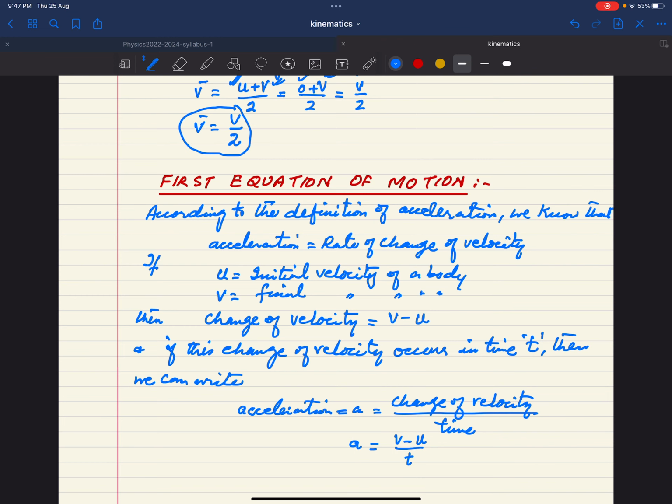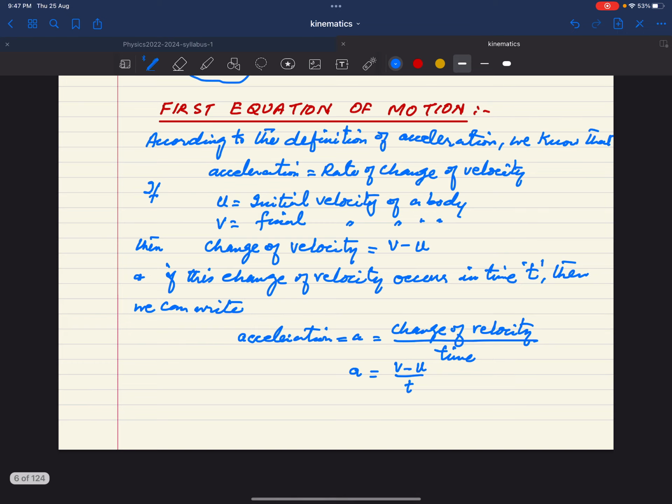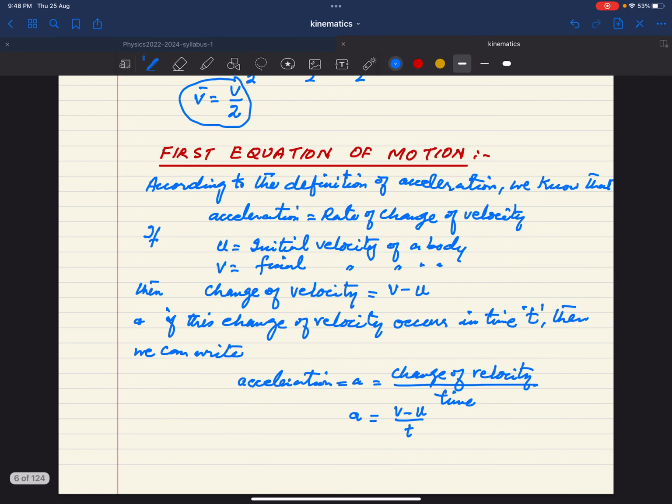So here you have the situation, a is equal to v minus u divided by t, or simply we can say AT is equal to v minus u. So if you write v is equal to u plus AT, this is nothing but the first equation of motion.